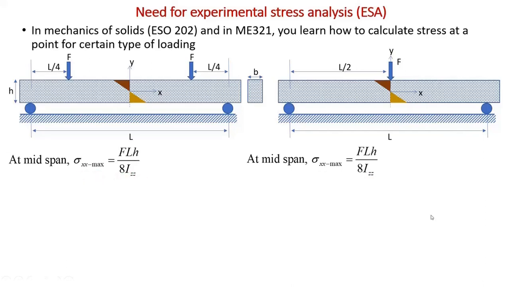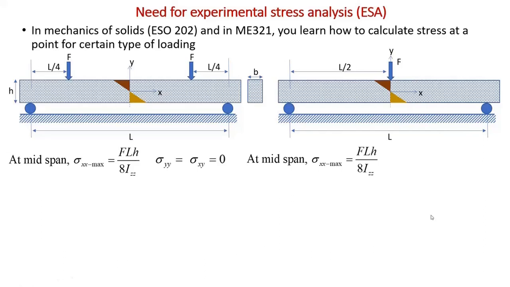So what exactly is different between these two beams? In the first case, if you draw the bending moment diagram, you will notice that in the region between the two loads, the bending moment is constant, so it is pure bending.